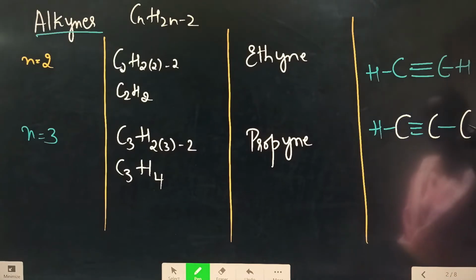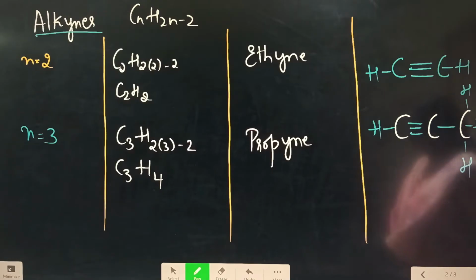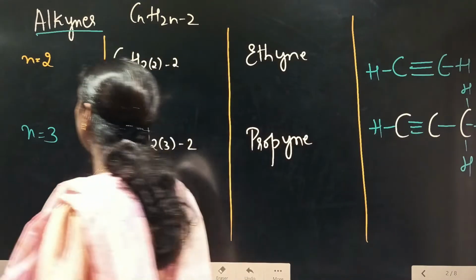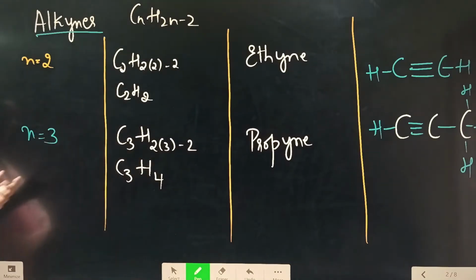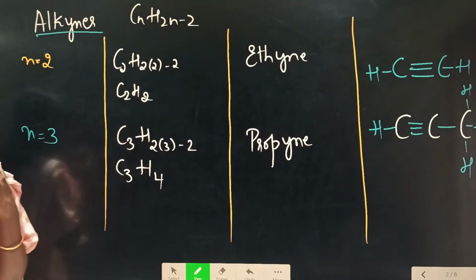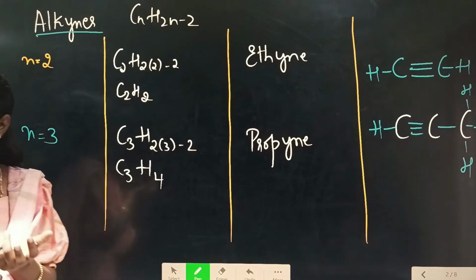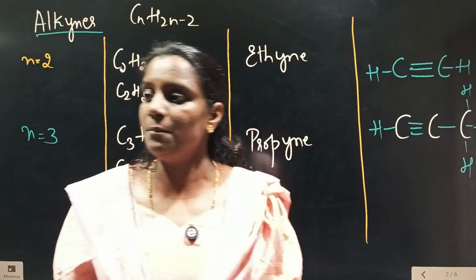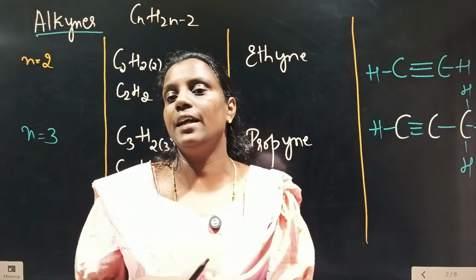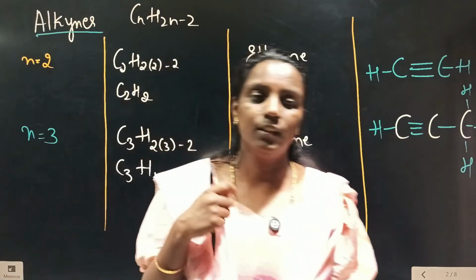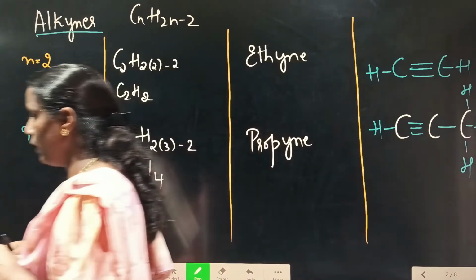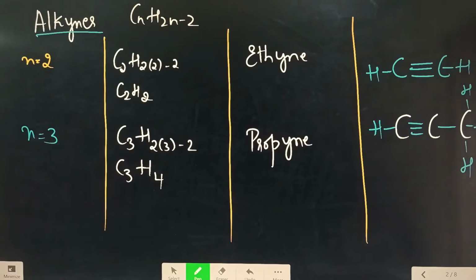Coming to this last C, we give 1, 2, 3 hydrogen atoms. So there are 1, 2, 3, 4 hydrogen atoms. This is how we draw the structural formula of propyne. In a similar way you have to do butyne, pentyne, hexyne, heptyne, octyne, nonyne and decyne.